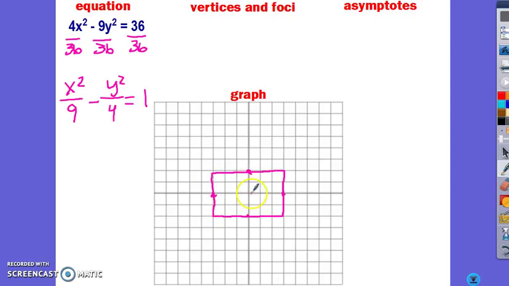And the reason the imaginary box is important is because if we connect the corners, that tells us the slant of those asymptotes. So let's draw in those asymptotes. And that's going to sort of be our guidelines for when we draw this hyperbola, is those asymptotes.